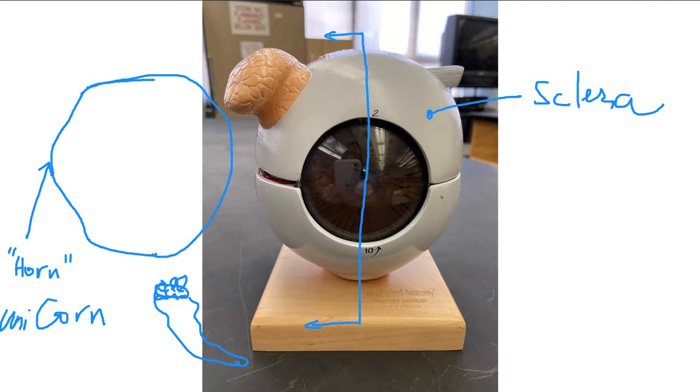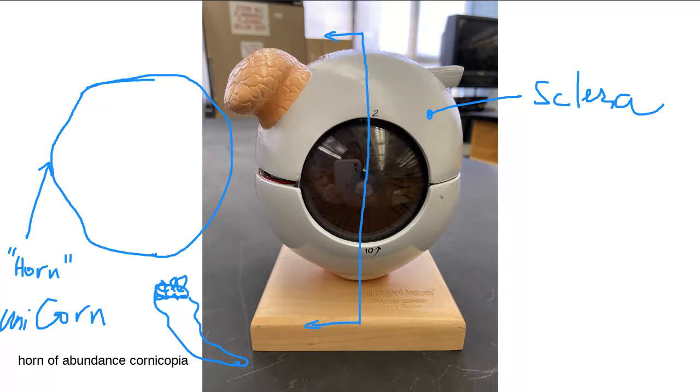It's called the horn of abundance. So we call that a cornucopia, right? Cornucopia. So now you know what a horn is.